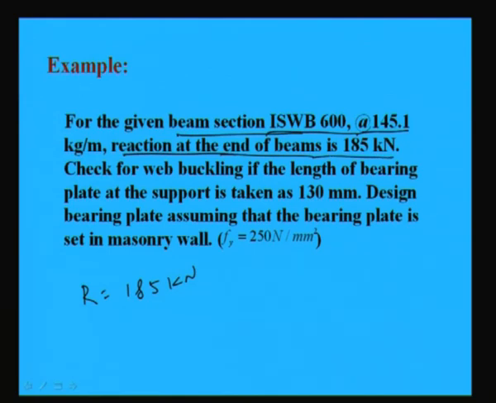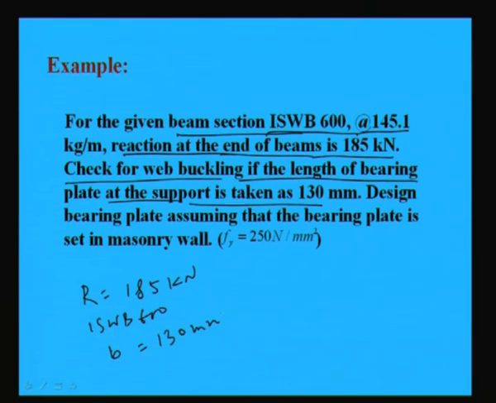Now, check for web buckling if the length of bearing plate at the support is taken as 130 mm. Right. So, bearing length has been taken as 130 mm. Now, design the bearing plate assuming that the bearing plate is set in a masonry wall, and use Fy as 250.